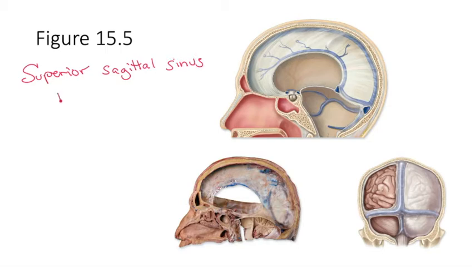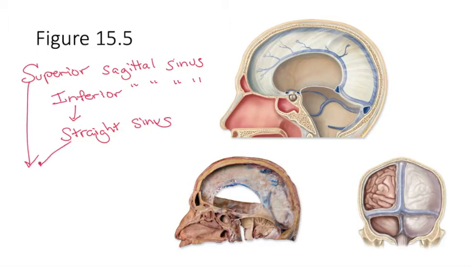And then you've got the inferior, and I'm going to be lazy, sagittal sinus. The inferior drains into the straight sinus. And then the superior and the straight both drain into this point. It's not really a sinus, it's just a point, a place called the confluence of sinuses.